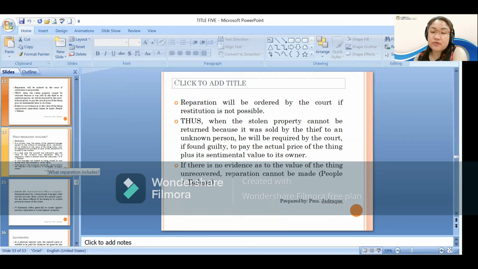If there is no evidence as to the value of the thing unrecovered, then in People versus Delena, reparation cannot be made because you will have no basis as to how much would be the reparation if you cannot prove the actual value of the thing subject of the unlawful taking.